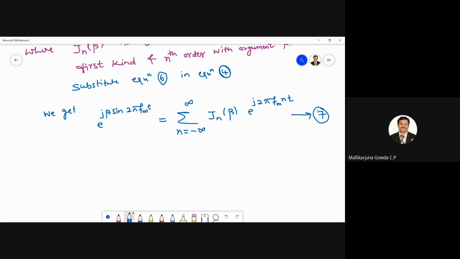Now where do I need to substitute the value of e power j beta sin 2 pi fm t, in which equation, to get the expression for wideband FM?